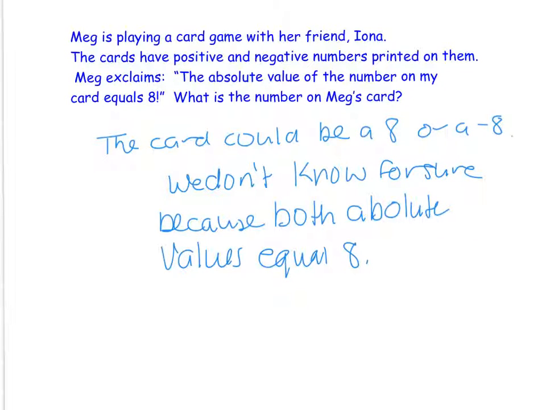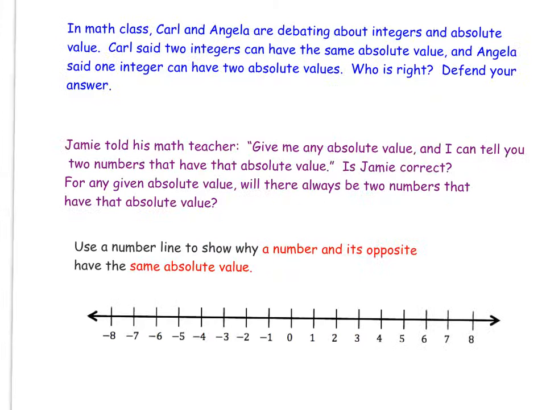We don't know for sure because both absolute values equal 8. So again, notice I didn't just say we don't know, or say 8 or -8. I explained we don't know for sure because both absolute values equal 8. So make sure that you're communicating your thoughts precisely.